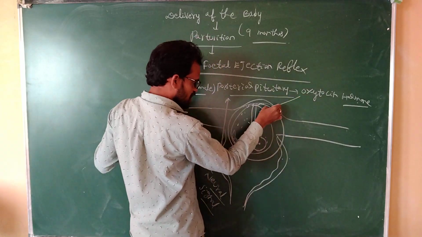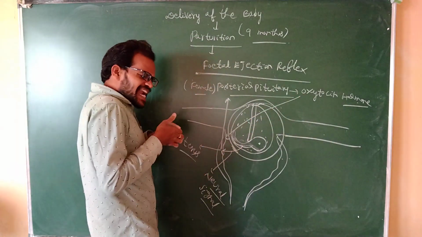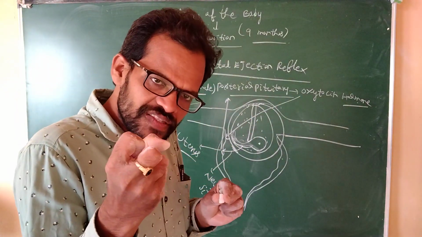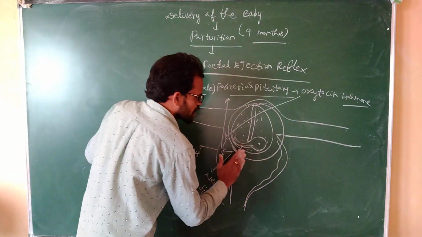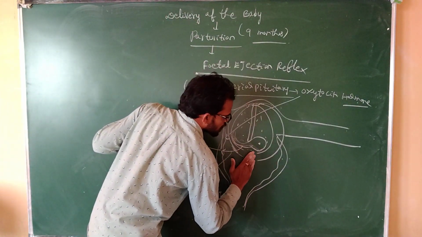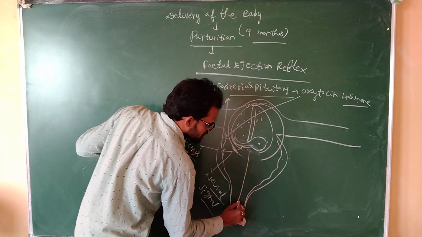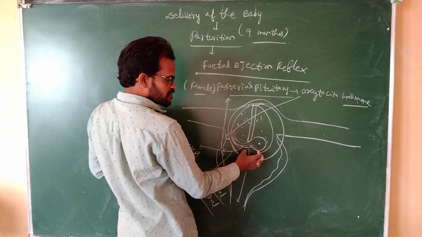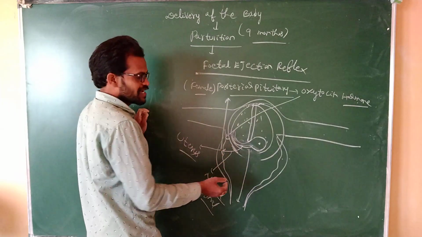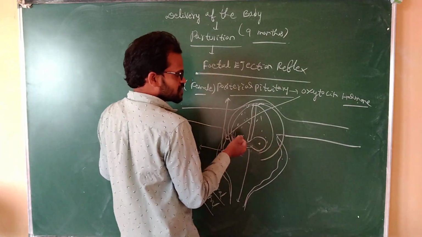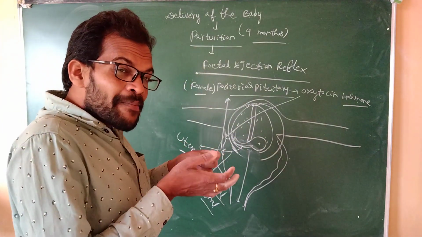This oxytocin is responsible for the contraction, and whenever the contraction happens, the membrane ruptures. Whenever it ruptures, the complete nine-month baby is delivered. It is the rupturing of the entire amniotic membrane and amniotic fluid.